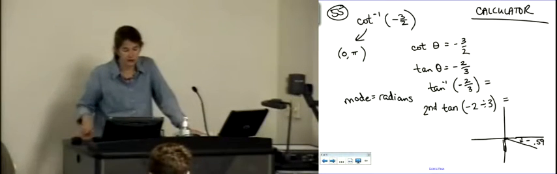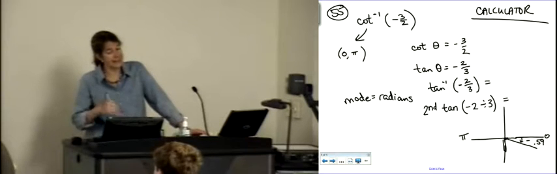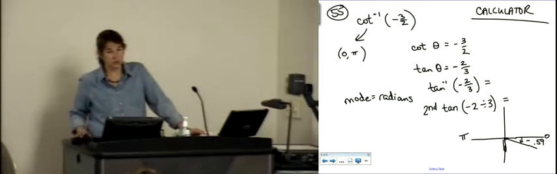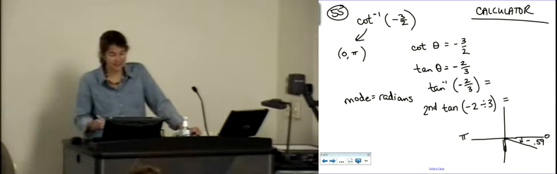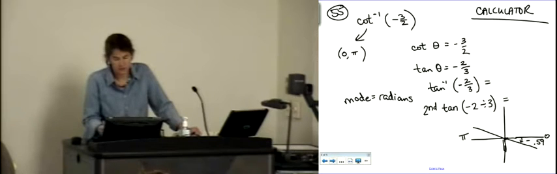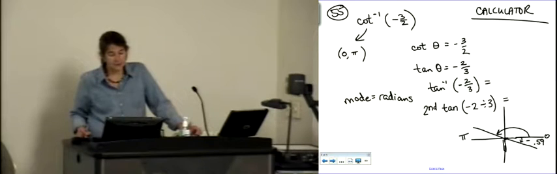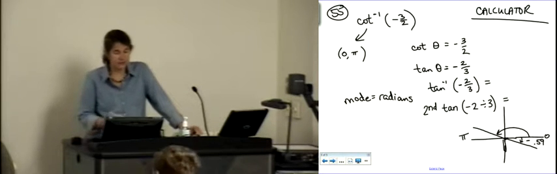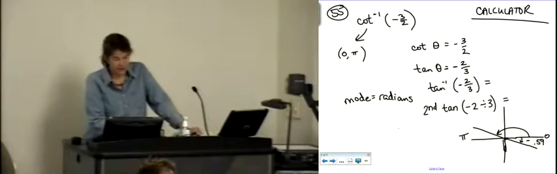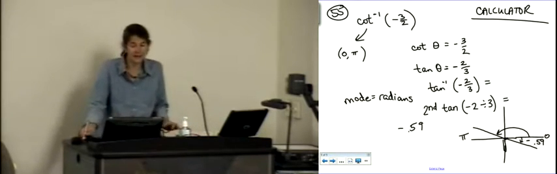We need our angle to be from 0 to pi. Since the original cotangent is negative, our tangent is also negative, which puts us in the second quadrant. So we want this angle here that I just drew. To get that, we can just add pi, because adding pi to that is the same as saying pi minus 0.59.